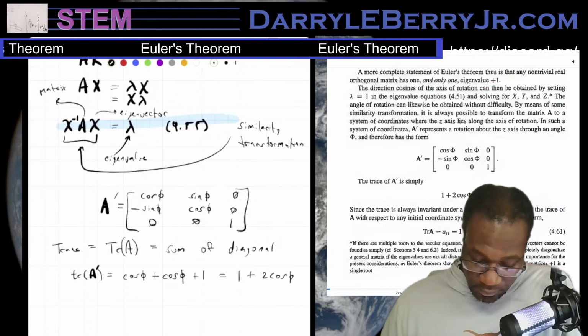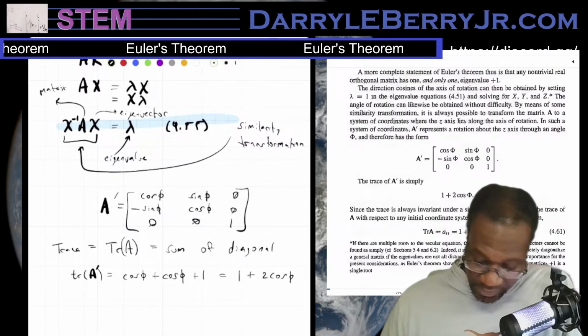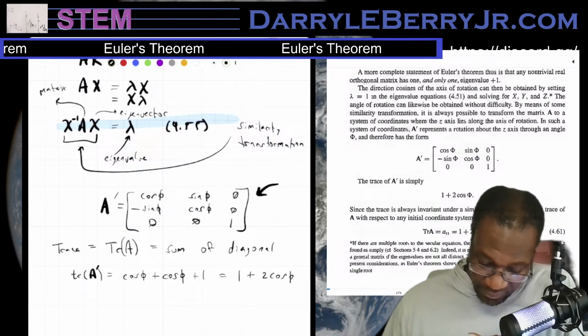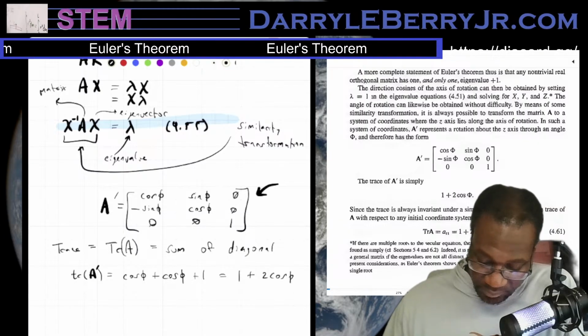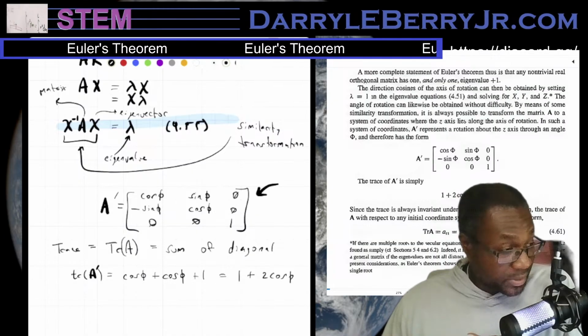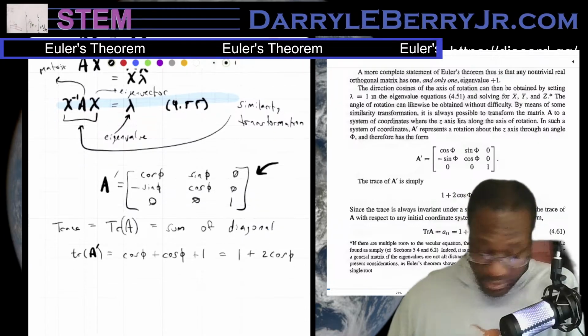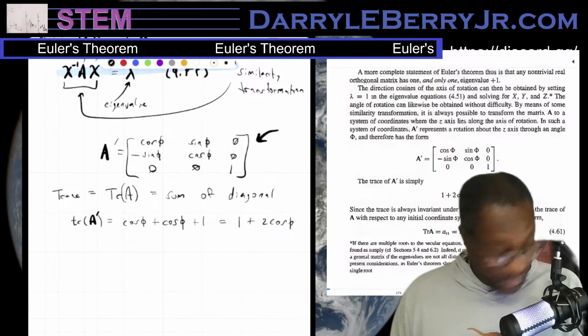It seems like they're saying if I do a similarity transformation on this matrix, where I sandwich the matrix between the inverse of a matrix and the matrix, I get another matrix. Then I take the trace of that, it'll still be 1 plus 2 cosine phi. If I'm understanding that properly, but I may not be.